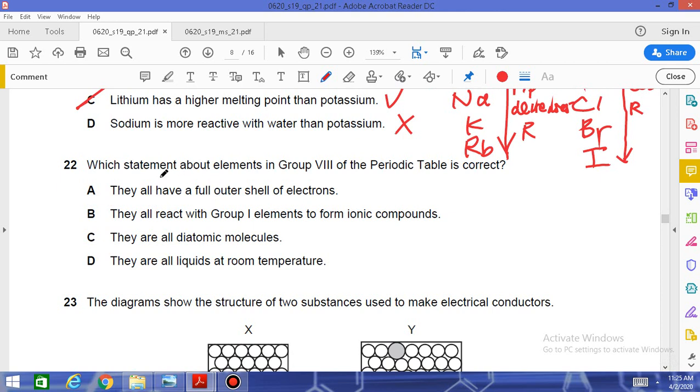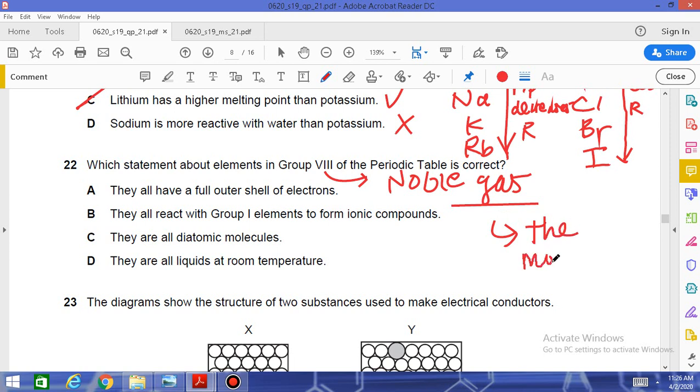Next, 22. Which statement about elements in group 8 of the periodic table is correct? Group 8 is the noble gases, the most stable elements. Why?